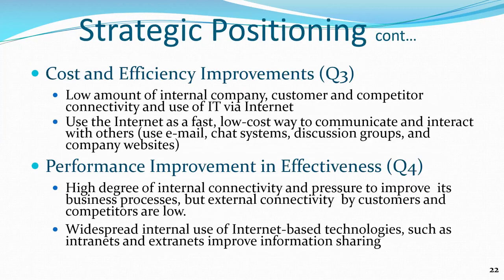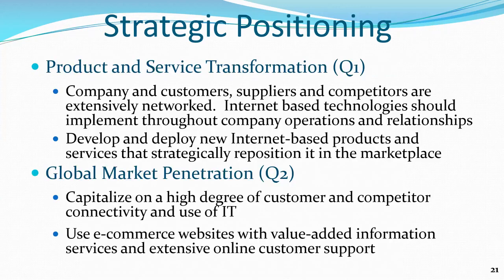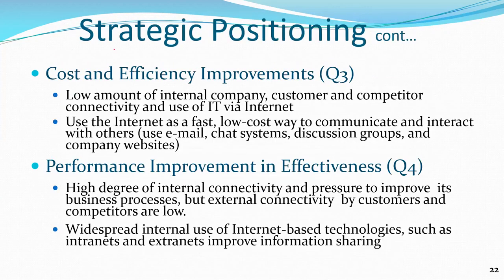And Q3 is cost and efficiency improvements, where the external drivers are low and the internal drivers are also low. In that case, there is a low amount of internal company, customer and computer connectivity and use of IT via the internet.